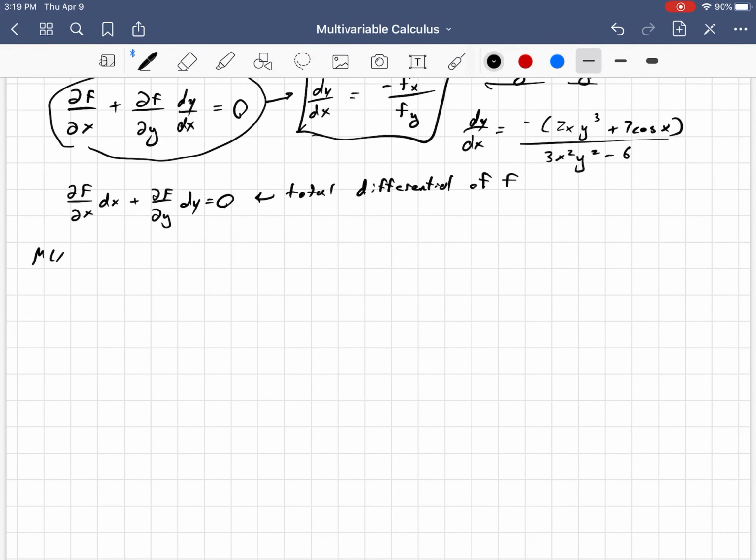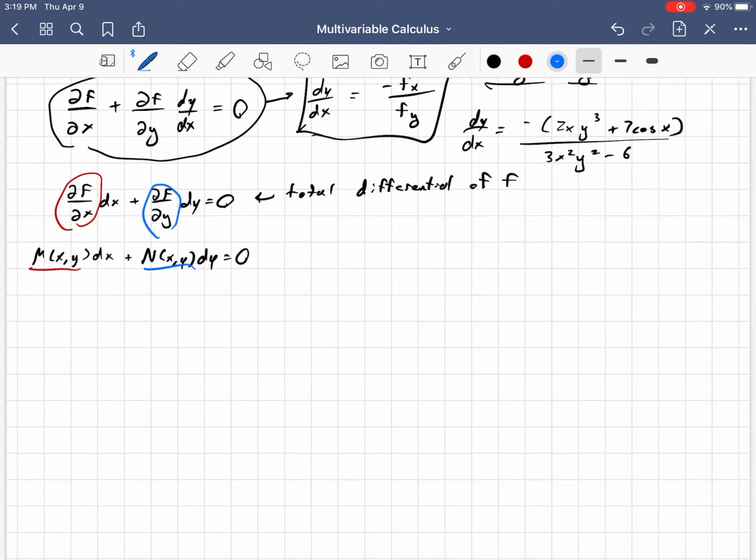So now, exact differential equations, they are in the form m of xy dx plus n of xy dy equals 0. And so why did I go through this total differential business?